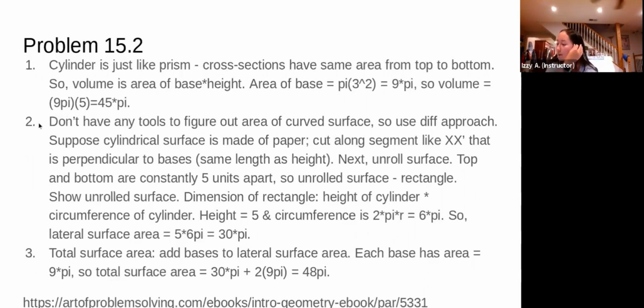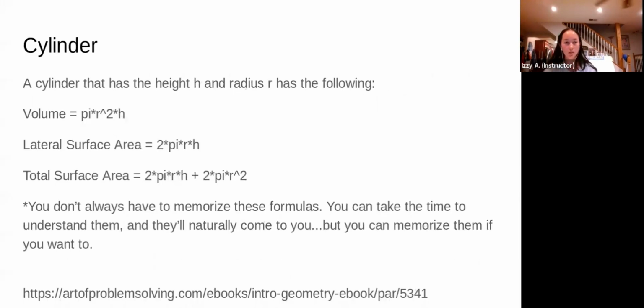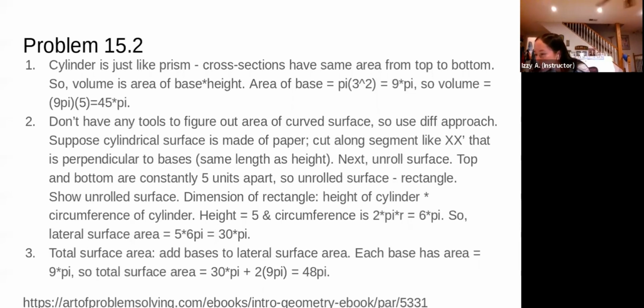When it comes to figuring out the lateral surface area, we don't have any tools to figure out the area of the curved surface. So what we can do instead is imagine that the cylindrical surface is made out of paper. It looks like I didn't include an image.